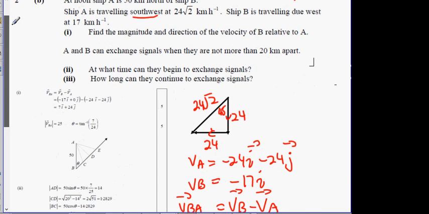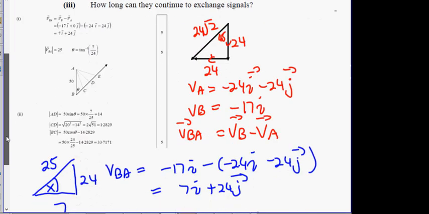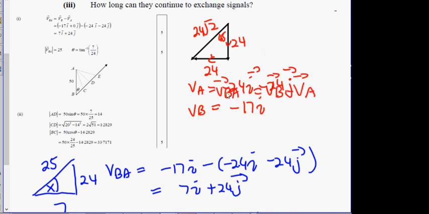Now that I've done that, what goes is A and B can exchange signals when they are no more than 20 kilometers apart. At what time can they begin to exchange signals, and how long can they continue to exchange signals? So what we're going to need now is, I can get rid of all this here.